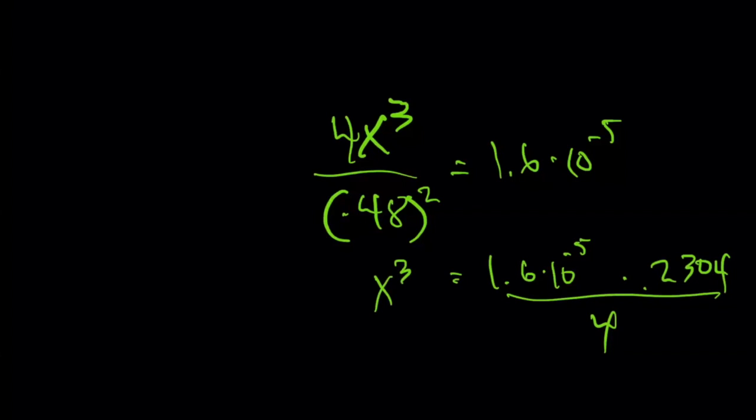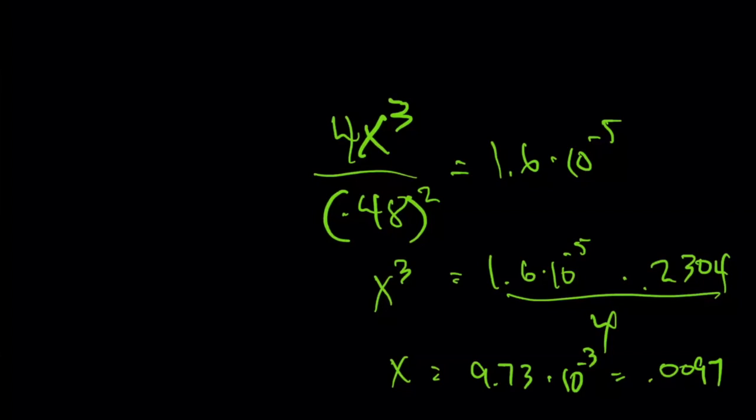So I'm going to take 0.2304 and multiply it by 1.6 to the negative 5 and divide it by 4 and take the cube root of that. And when I do that, I get an x term of 9.73 times 10 to the minus 3, or 0.0097, which is practically 0.01, which was our first term. But that's how you would do a second iteration.